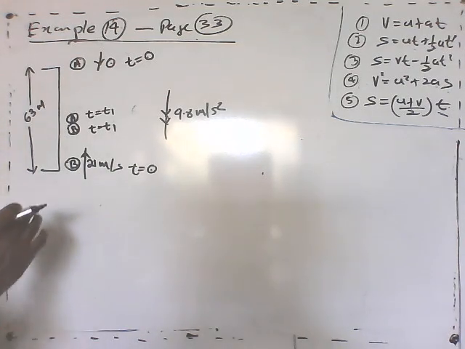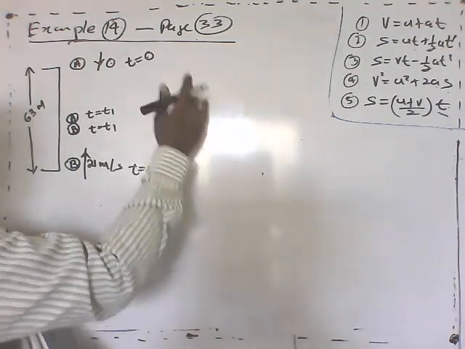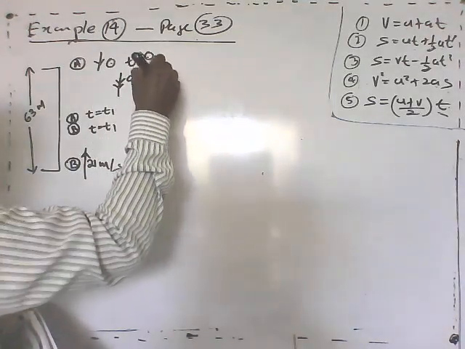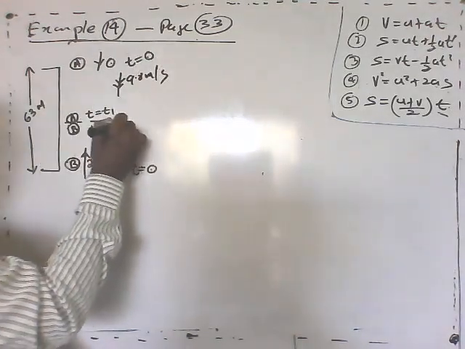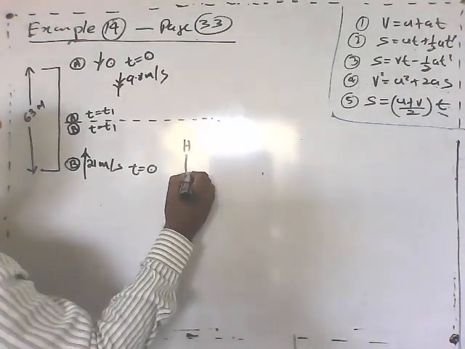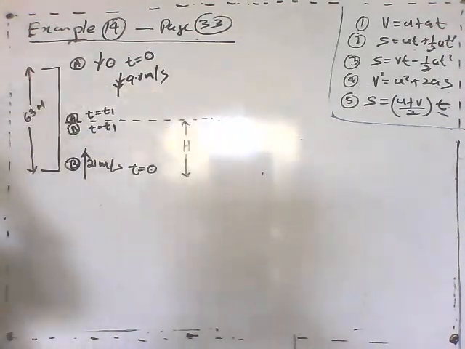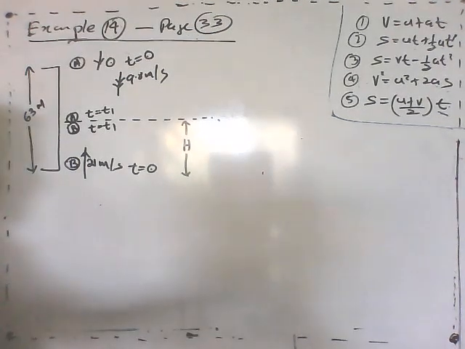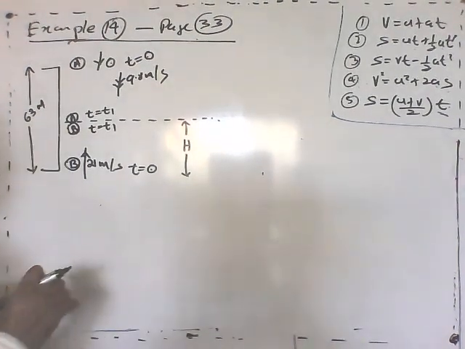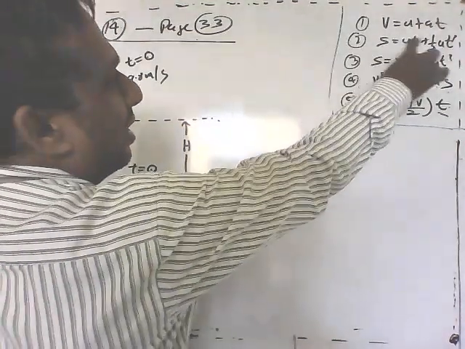So for both the acceleration is 9.8 meters per second squared. What they want is this height, we will say h. How are we going to attempt this? We will use S equals ut plus half at squared for both.